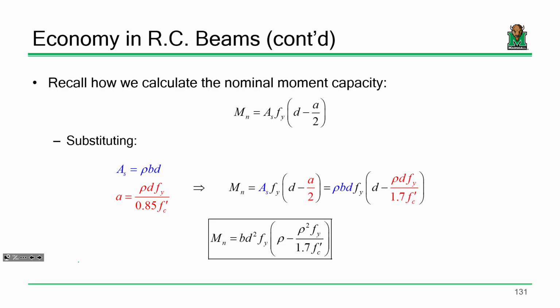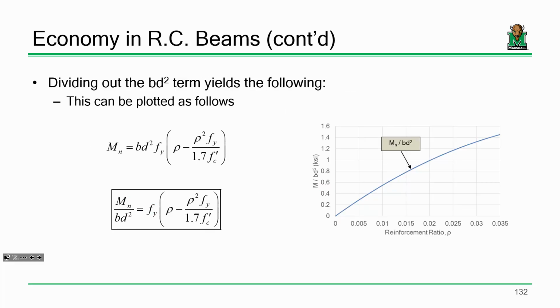Now, how do I get from here to here? I just factor out common terms and simplify it a little bit. Is everybody okay with this? I know it's a little bit of algebra, but bear with me. Everybody okay? So what I've got here, and I really want to make sure that we understand what we see, is an equation that expresses the moment capacity as a function of this term b d squared and some material properties.